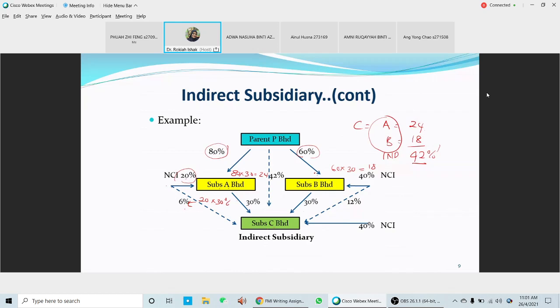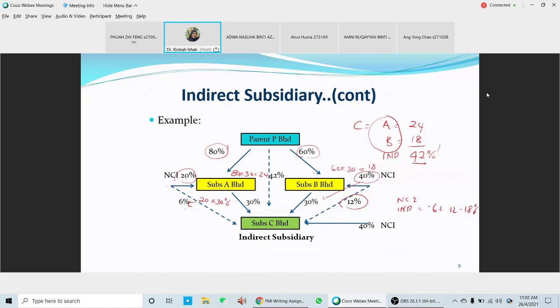And then for B, parents control 60%, which means NCI has 40%. B has 30% in C, so 40 times 30, you're going to have 12. So altogether, NCI indirectly is going to have 6 plus 12, which is 18%.